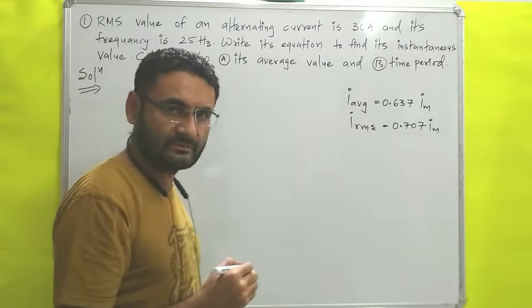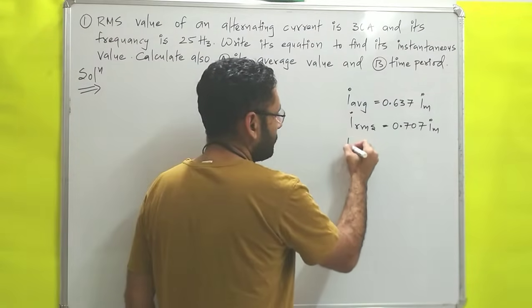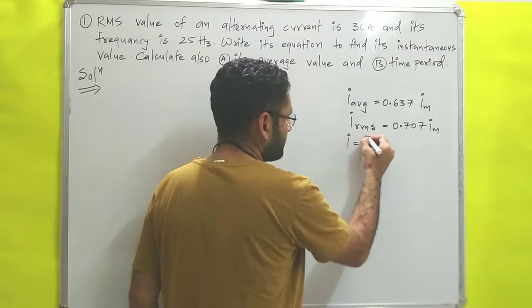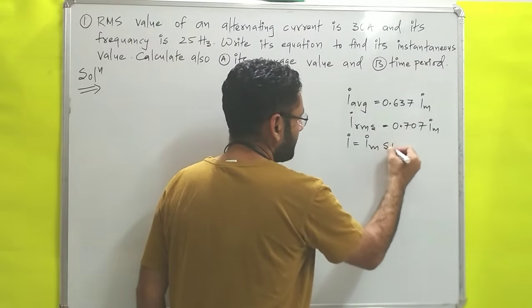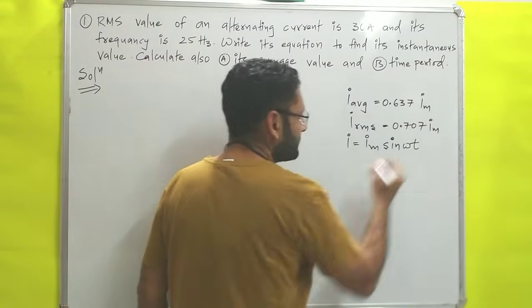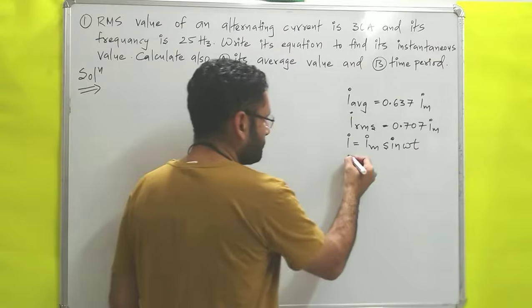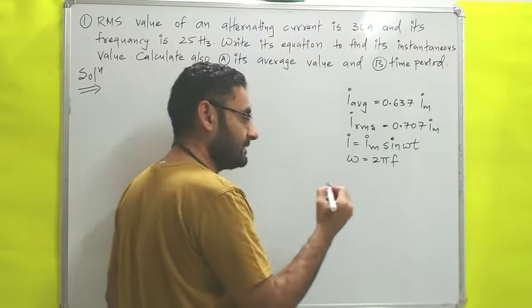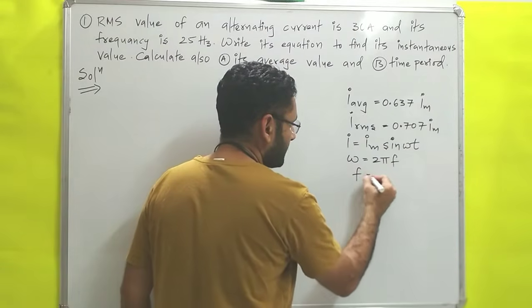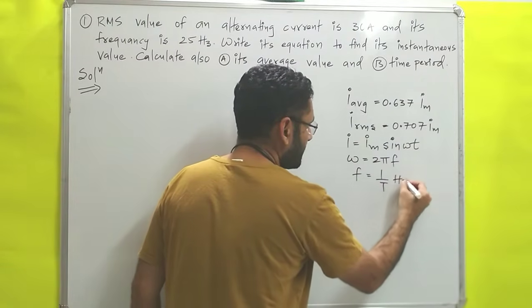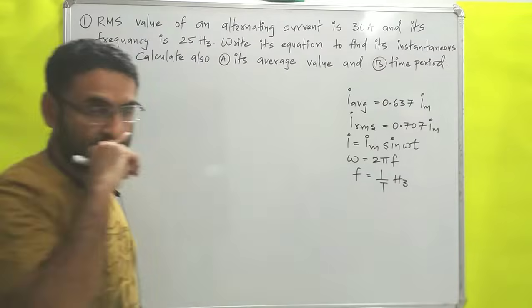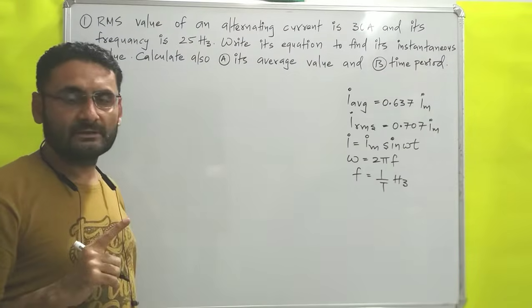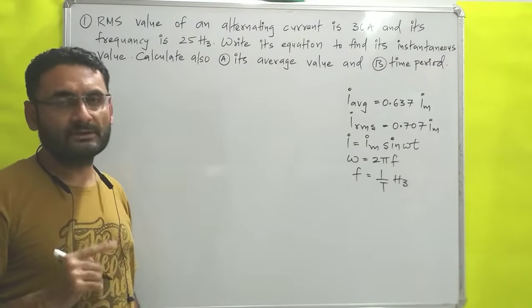Both of these equations we have derived. Also one more equation for current: I equals Im sine omega t. And omega equals 2 pi f. And finally frequency is 1 upon T, in hertz. You should remember that much before starting the numerical, so that the numerical will be very easy for you.